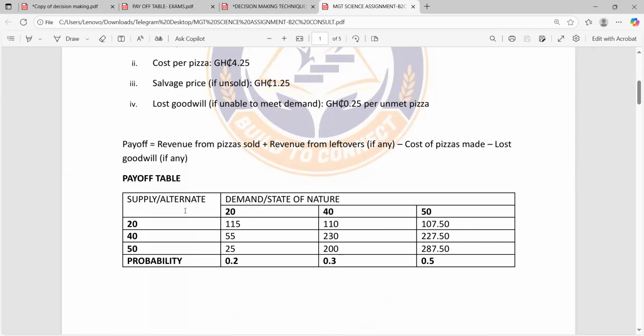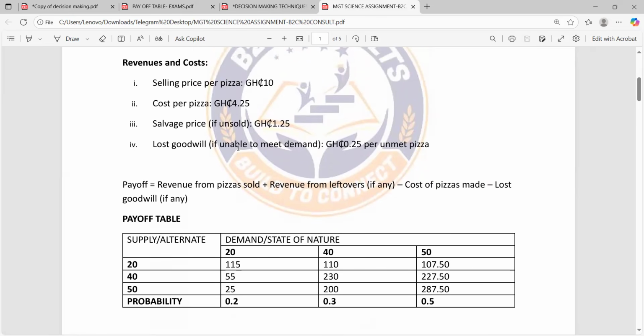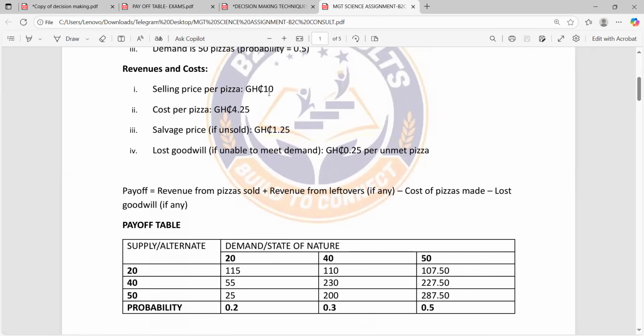Now, what do I mean by this? You want 20 pizzas, and then you can supply 20 pizzas. This question says that 20 times how much is the revenue? The revenue is 10 cedis. 20 times 10 cedis will give you the revenue for the pizza. Are there any leftovers? No, because you demanded 20, you supplied the whole 20.